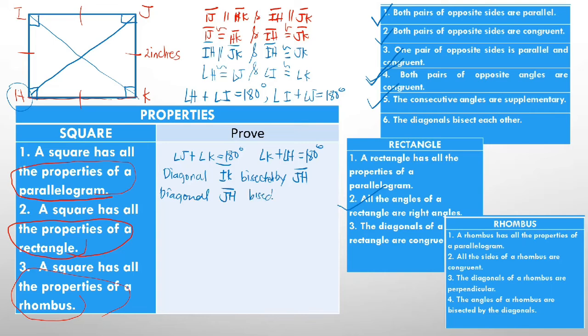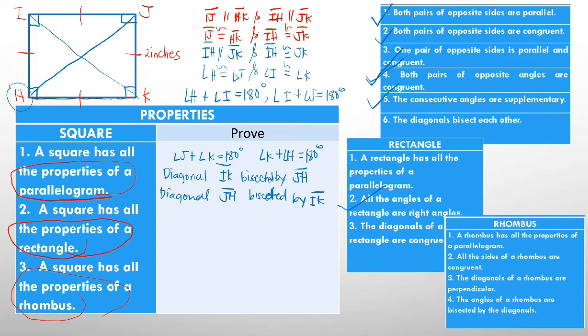So diagonal IK is divided by diagonal JH, and diagonal JH is bisected by diagonal IK.